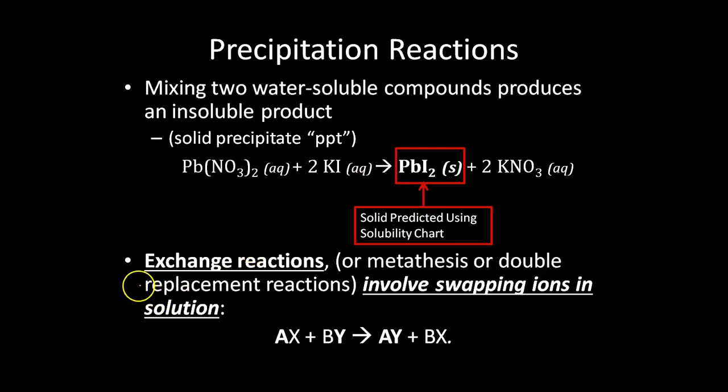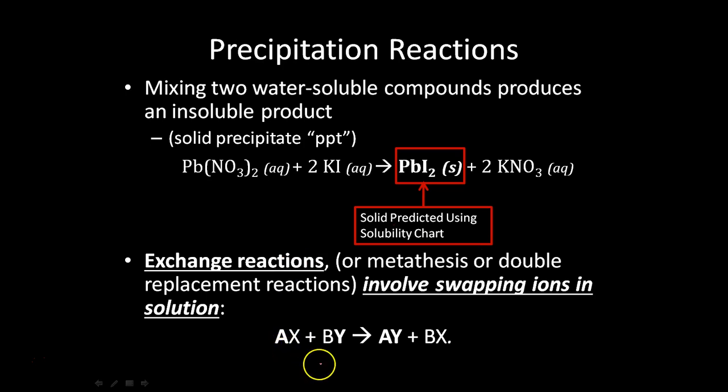Now, this type of reaction is called a precipitation reaction. It's also called a metathesis or double replacement reaction, so it involves swapping of ions. What's happening is this cation is bonding with this anion, and this anion is bonding with this cation.